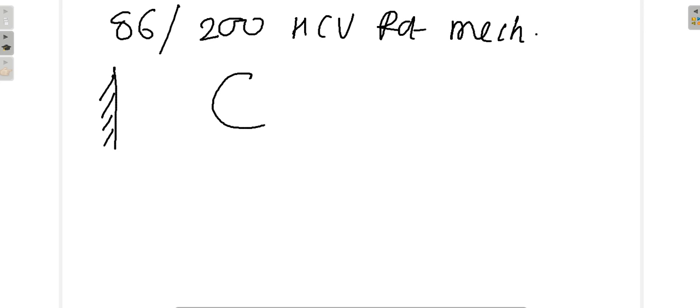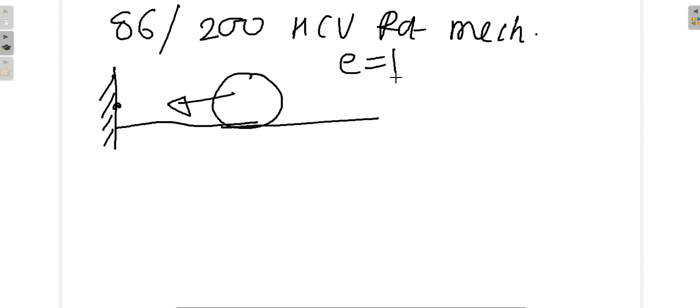A solid sphere moving in this direction collides with the wall, and after it collides elastically, meaning the coefficient of restitution is 1, so if v is the velocity with which it is hitting, it will come back with the same velocity. Find the speed of the sphere after it starts pure rolling in the backward direction. So we are asked to find the value of speed of the sphere at pure rolling condition.